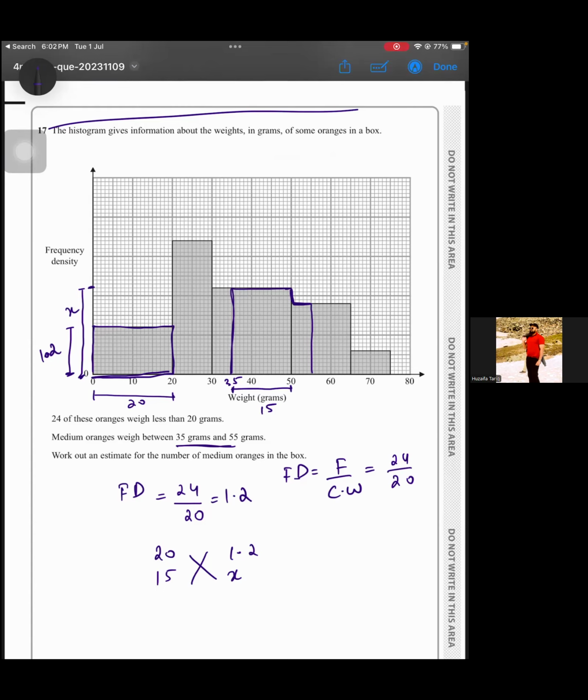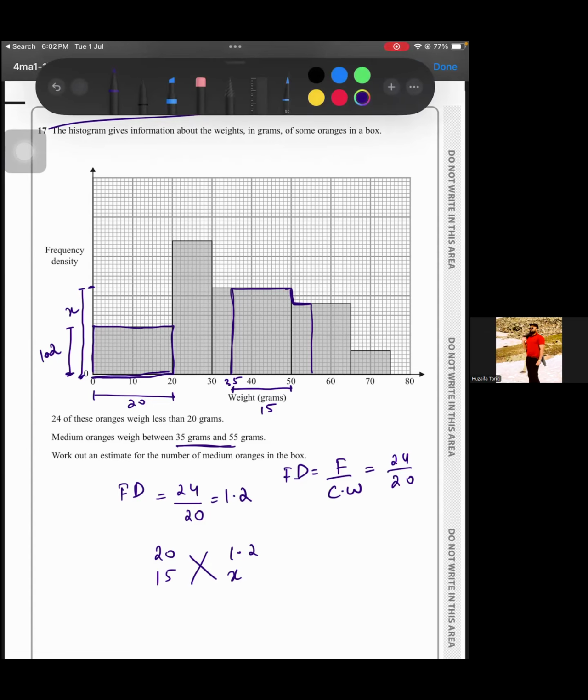And for the next one, from 50 till 55. My question is, first of all, if this is equal to 1.2, how can you say that this height will be the smaller one?